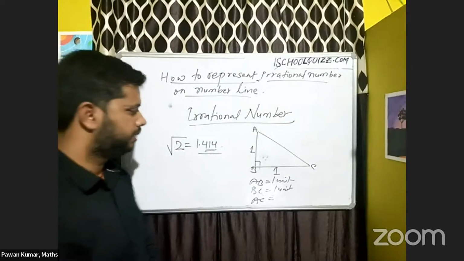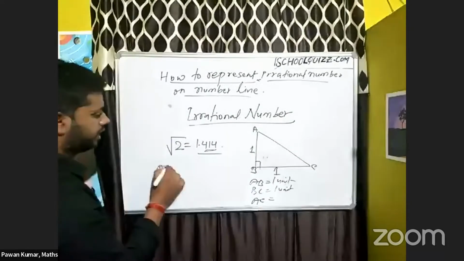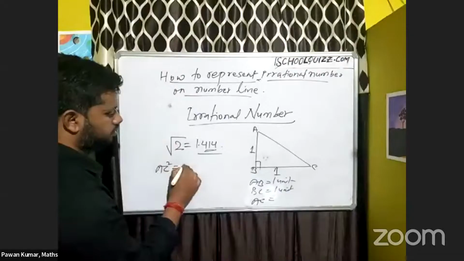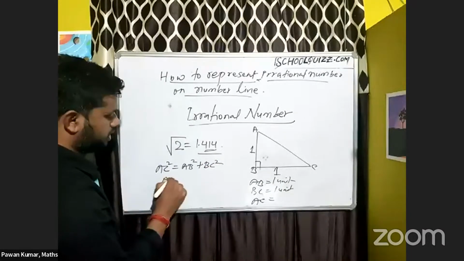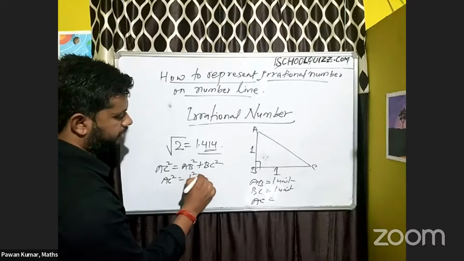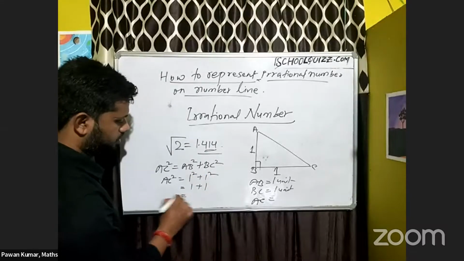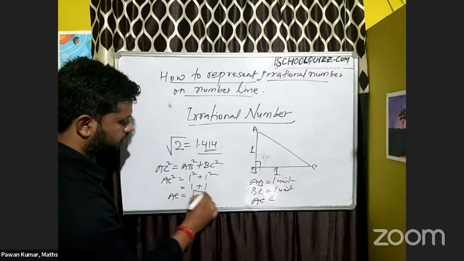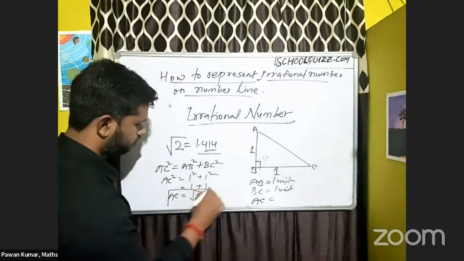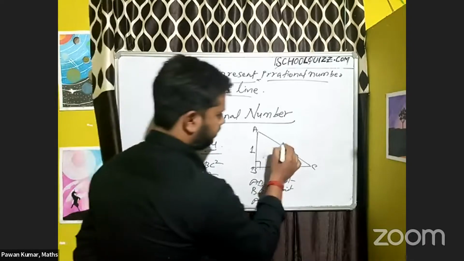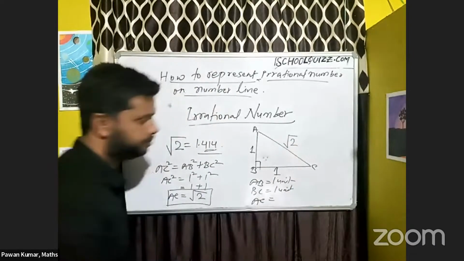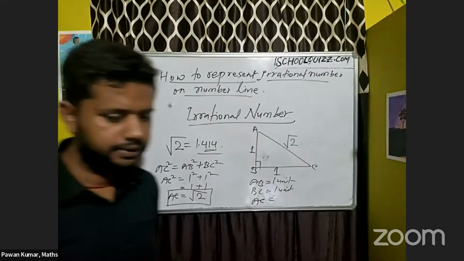So you know the Pythagoras theorem. AC square equals AB square plus BC square. So AC square equals 1 square plus 1 square, that means 1 plus 1. So AC, the square will go to that side, root 2. So what is my AC? Root 2. Is it correct?